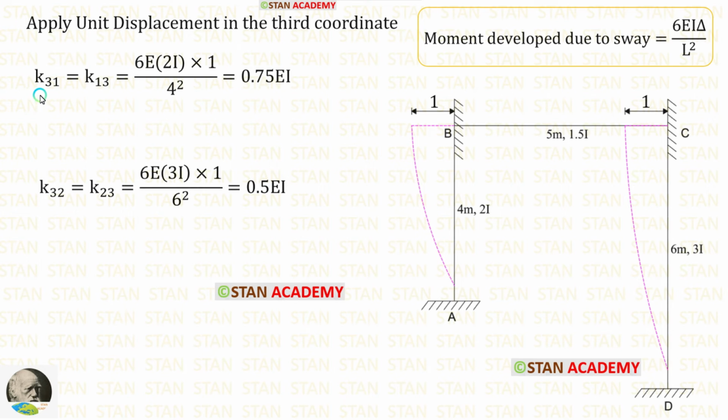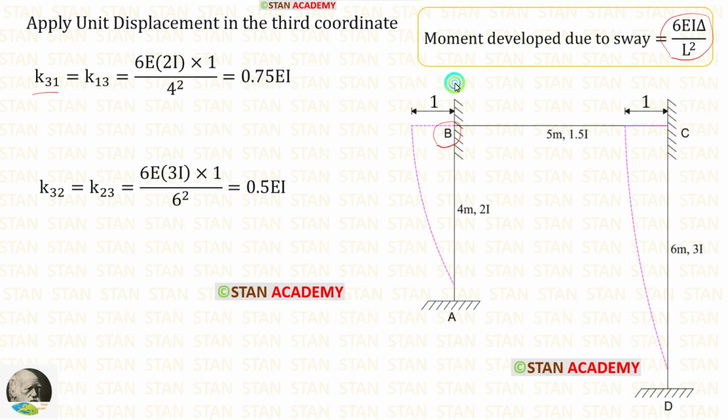Now let us find K31. For that, we have to find the moment in the first coordinate. Our first coordinate is at the point B. So at the point B, we have to find the moment due to sway. The formula to find the moment due to sway is 6EI delta upon L square.